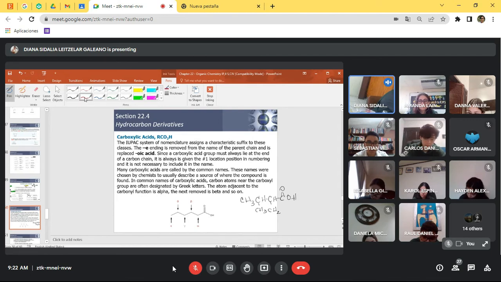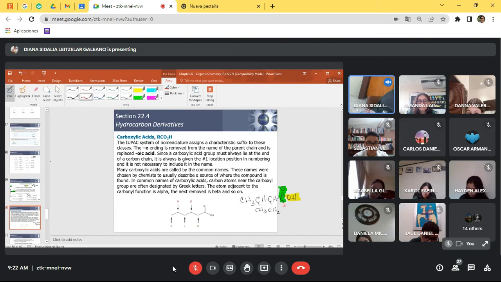First, we start by numbering our carbons. Always 1. We have the carbonyl group, and we have the OH. Carbonyl group. What's different apart from the carbonyl group? That it has an OH, identifying our compound as a carboxylic acid.